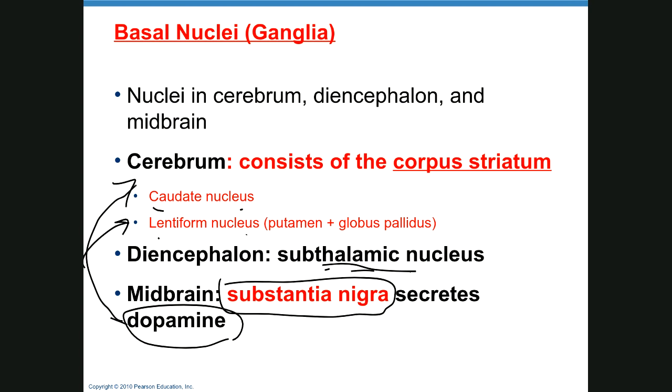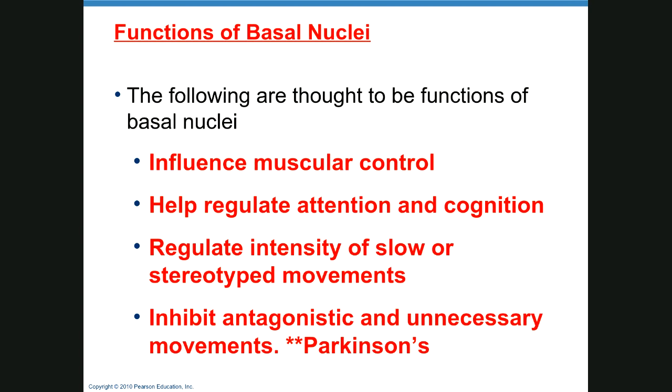You also need to know the function of the basal nuclei, which is to influence skeletal muscle control. It is also involved in attention and cognition, and regulates the intensity of slow or stereotyped movements. Intensity is an important word, because when there is a malfunction of the basal nuclei, the intensity of a movement cannot be controlled.